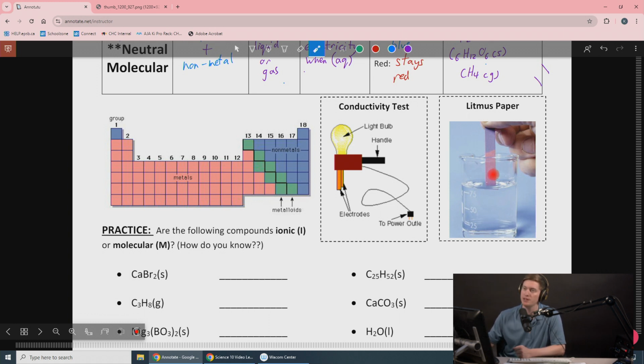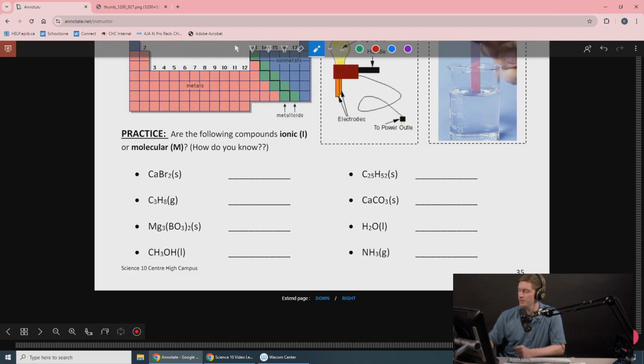This is an example of a litmus paper test. This particular substance is changing blue litmus red, so this would be an acid, but more on that later. If you take a look at here, you're asking yourself the question, are these compounds ionic or molecular? The question that you want to ask is, is there a metal?